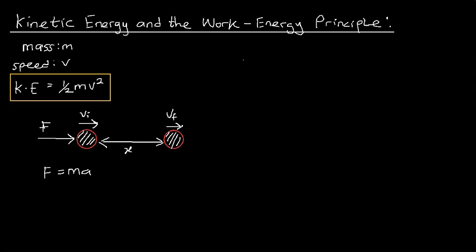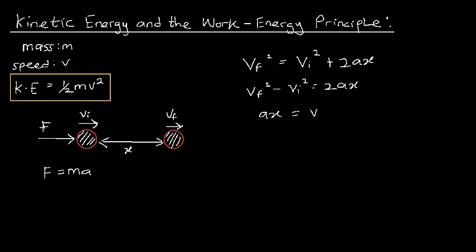Using the third equation of motion under constant acceleration, we can write that vf squared equals vi squared plus 2ax. And so rearranging this, we can write that ax equals (vf squared minus vi squared) divided by 2.